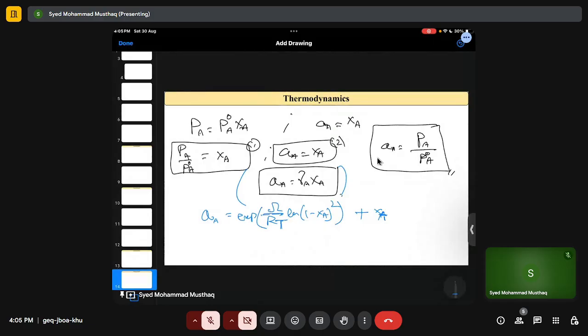So if I take XA as a common factor, or I can write it like this.